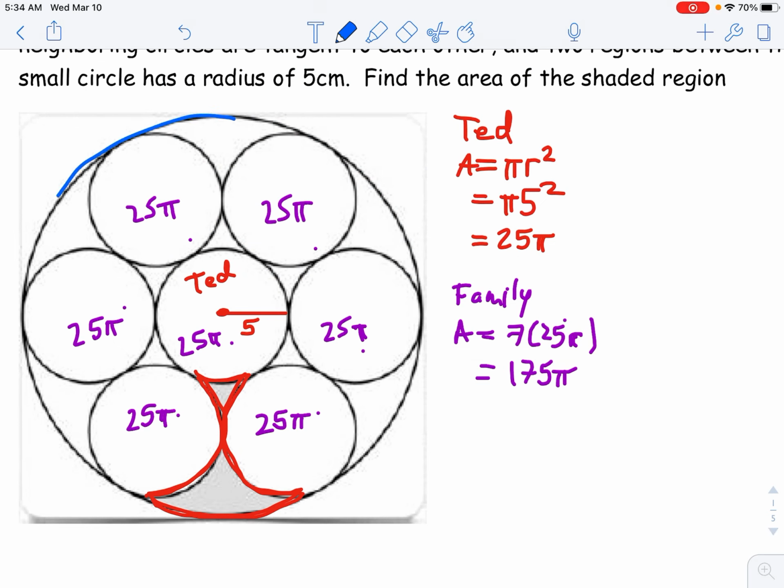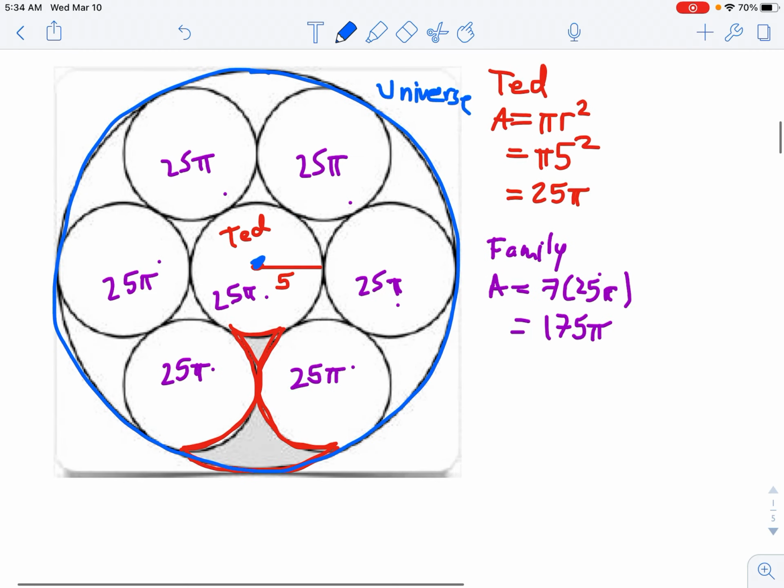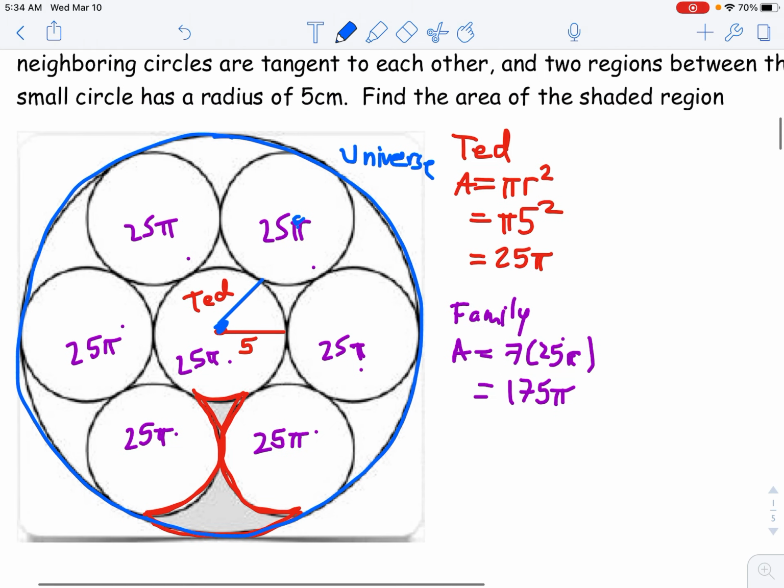So Ted's family exists in this big circle. We'll call this circle the universe. Well, what's the radius of the universe? Well, realize that this radius is 5. I kind of did a bad job of drawing that.